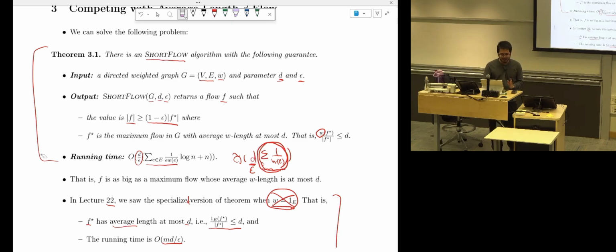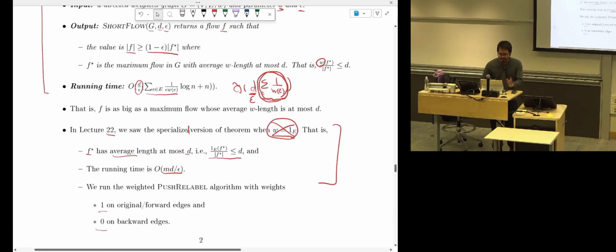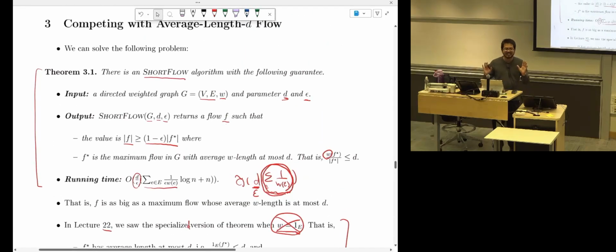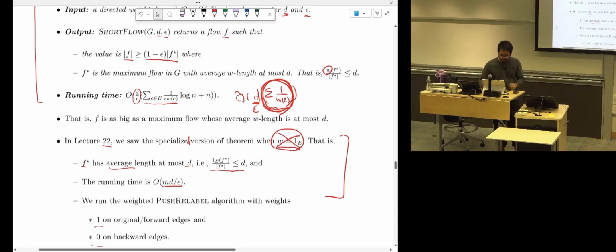We will try to do it in this course too. Anyway, let's see that if you can do this, then why are we good? Like we can compute flow that is competitive to the shortest flow, and the running time is something like this sum.